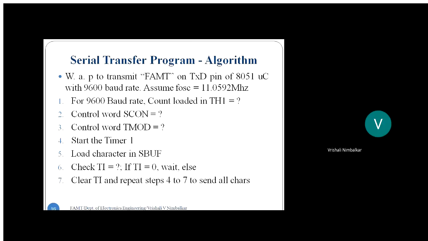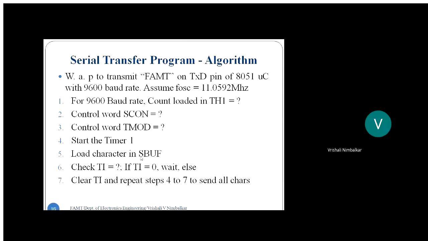After doing all these initializations, we will start the timer. After starting the timer, internally the baud rate or the square wave will be generated, and now we are ready for transmitting the character. Now how does transmission begin? As soon as we load the character in the SBUF register, the transmission begins. So after starting the timer, we need to load the character in SBUF.